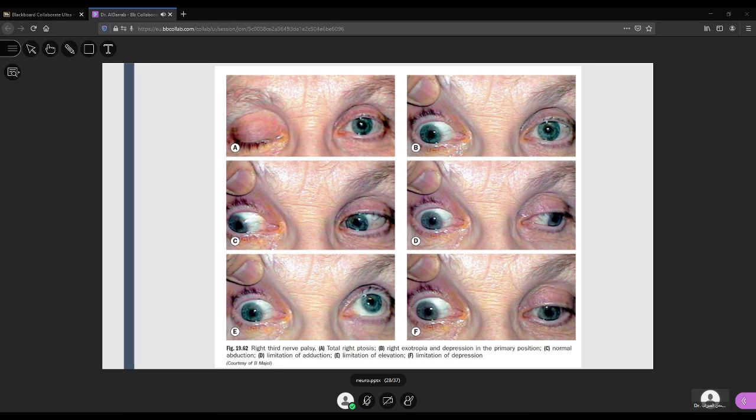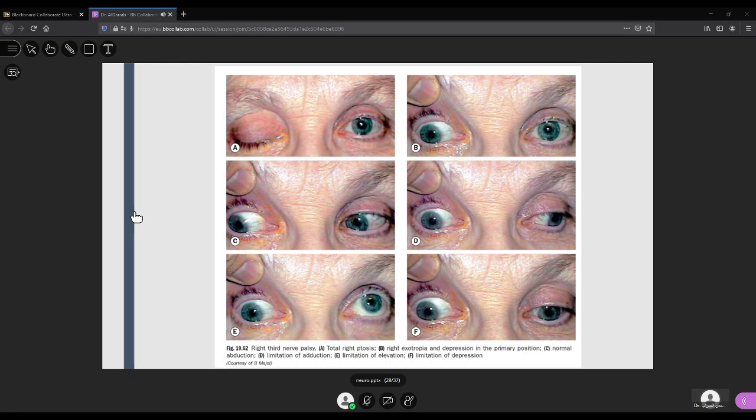Because the lateral rectus and the superior oblique still work. This is the primary position, down and out.